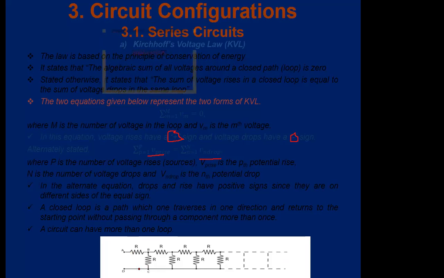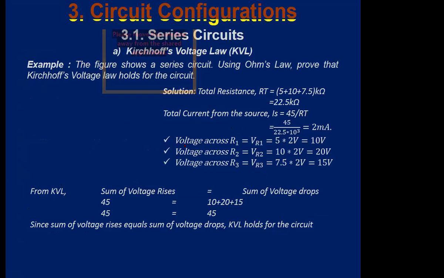This is a closed loop, right? Another one, this one is also a closed loop. Then this one again is a closed loop. Also, this one on its own is also a closed loop, because there's no branching, you are moving through a component once, then you are forming a closed loop, right?